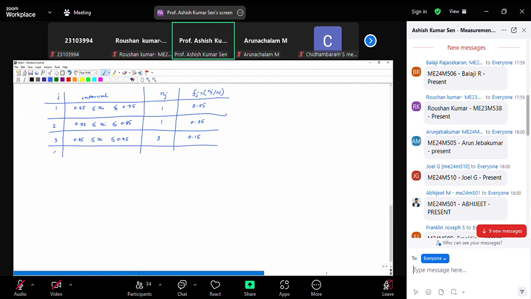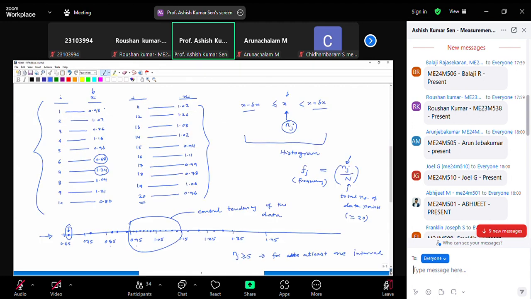Now, similarly, I do 0.95 less than or equal to xi less than or equal to 1.05. Between that, I have 7 data points. I can check that for you: 0.95 to 1.05, so you have 1, then 2, then 3, then 4, then 5, then 6, then 7.